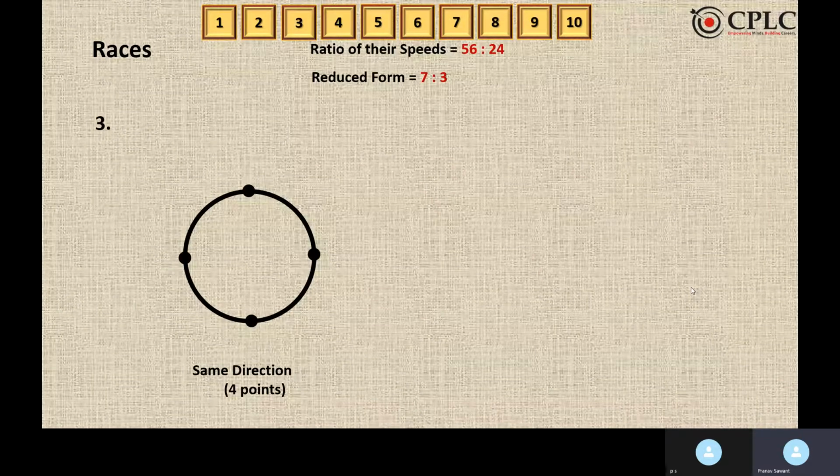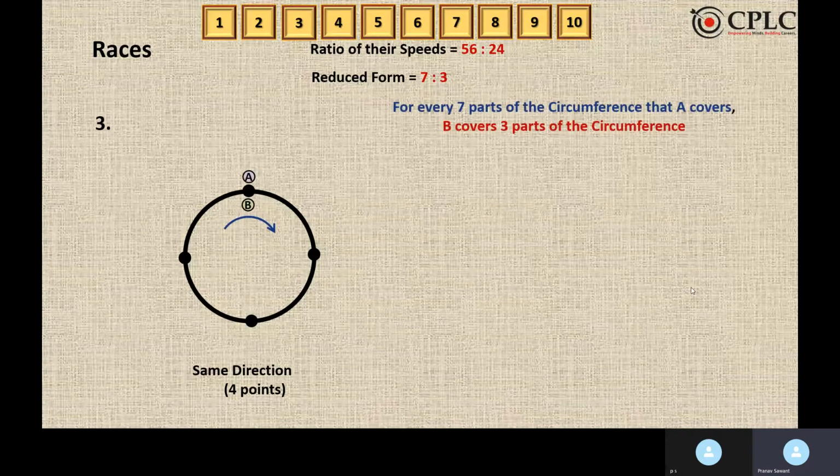As we have learned the concept that when they move in the same direction, we will simply take the difference of the ratio of the speeds. So the difference of 7 and 3 is 4. Hence, the answer to the first question is 4. That is, if they run in the same direction, they will meet at 4 points on the circumference.